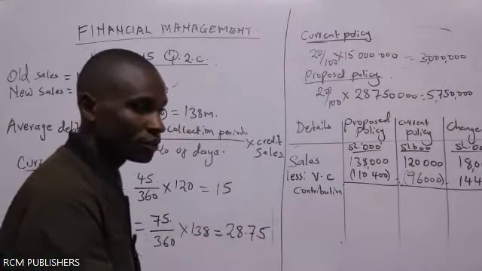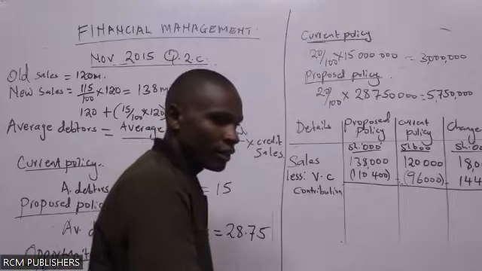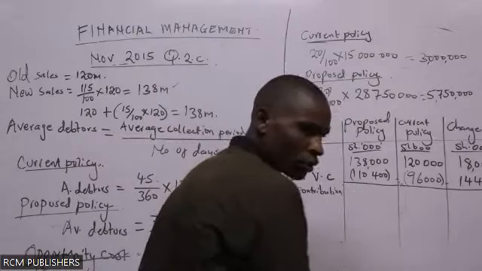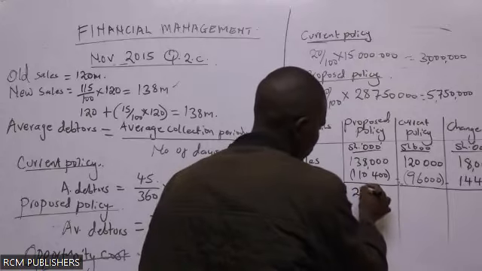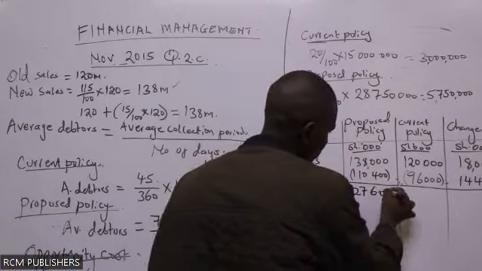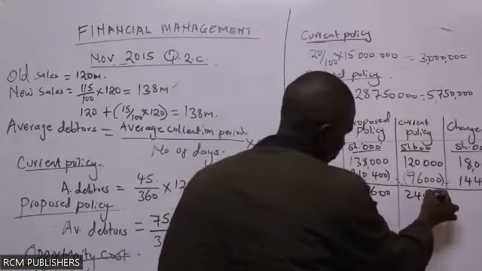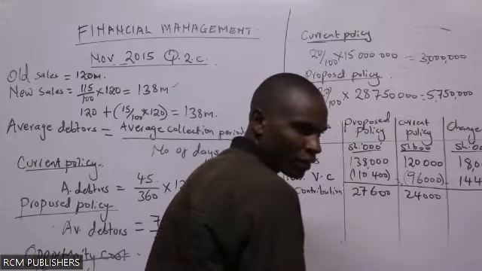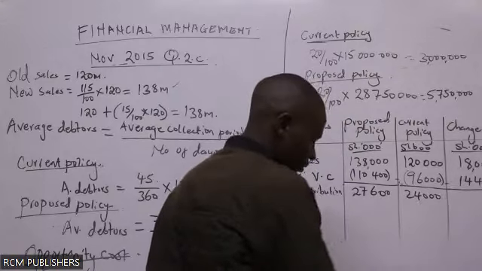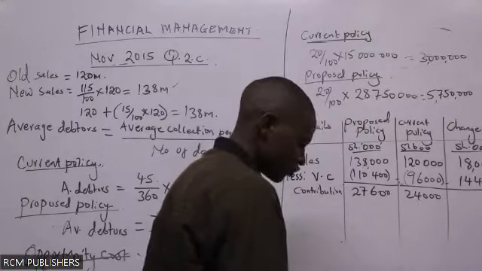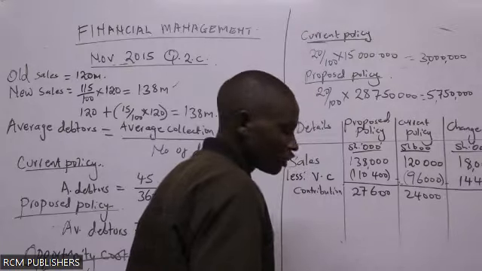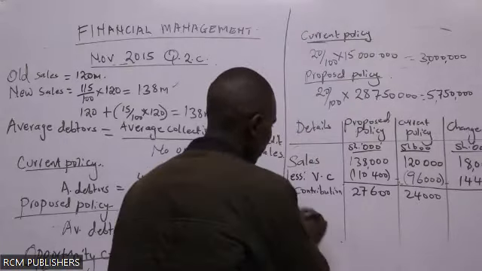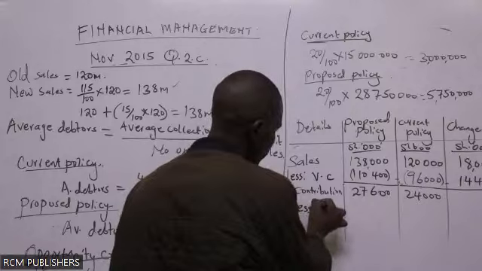Contribution patie. Haraka haraka. 27,600 and 24,000. Then give me the change, so that we raise our opportunity cost.